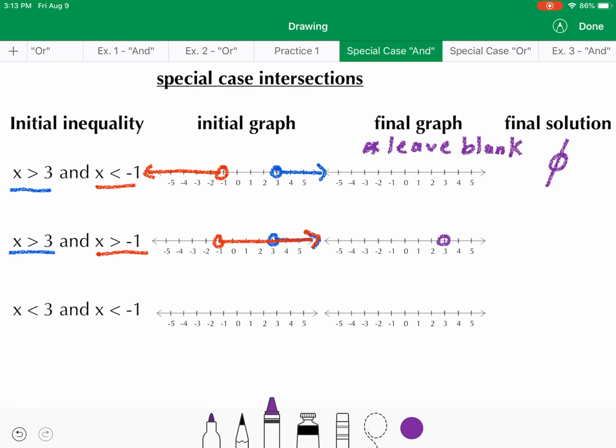So my final graph needs to represent that, and I can rewrite my inequality for the final solution as just x greater than 3. Think about it. If you go back and look at the initial inequality, all the numbers that are greater than 3 are already greater than -1. So it's redundant to put that greater than -1 in there.